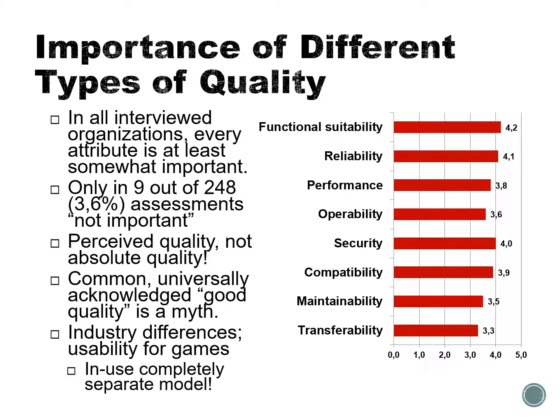Of course, if you consider these different models, you always have to keep in mind that there's no one definition of quality. It also means that on all products we are ever going to use, all the different quality attributes are more or less somewhat useful.